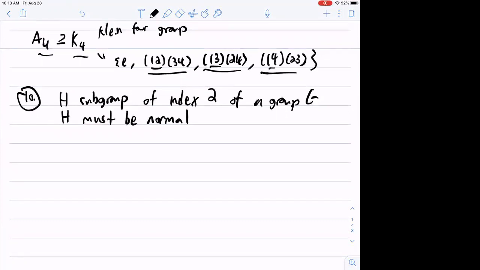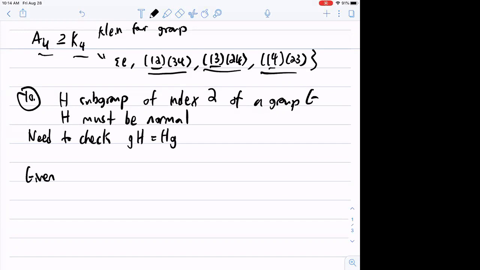So why is this the case? Well, we need to check normality. Since we don't know much about conjugating, let's use left coset equals right coset. If this was like S_n, I would probably use the conjugation definition because we know what happens when you conjugate. But since this is an arbitrary group, let's check that the left and right cosets are equal.